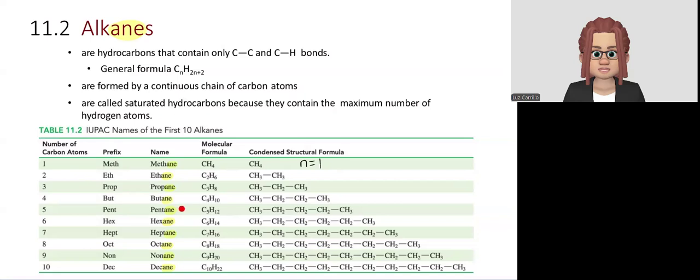For 5 is pentane, 6 carbon atoms in a row is hexane, 7 carbons in a row is heptane, 8 carbons in a row is octane, 9 carbons in a row is nonane, and lastly, 10 carbons in a row is decane. You can see here the condensed structures for the alkanes from 1 carbon all the way through 10.